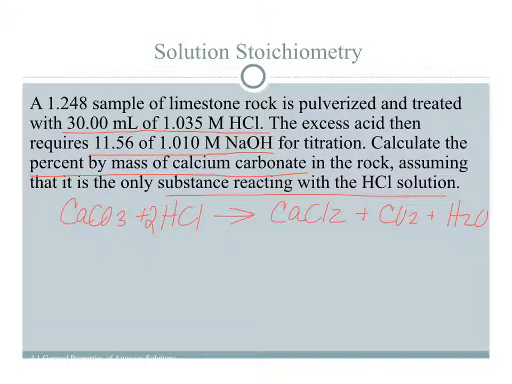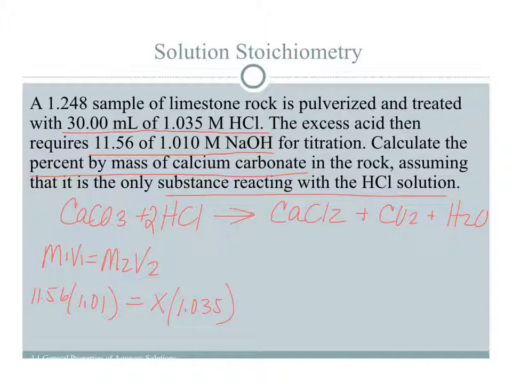The first thing I want to do is figure out, I'm going to start backwards. I need to know the volume of excess HCl that was neutralized so that I can determine how much was actually used. So I'm going to use my M1V1 equals M2V2. 11.56 times 1.01 divided by 1.035 molar.